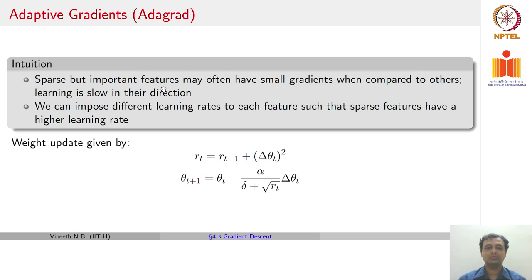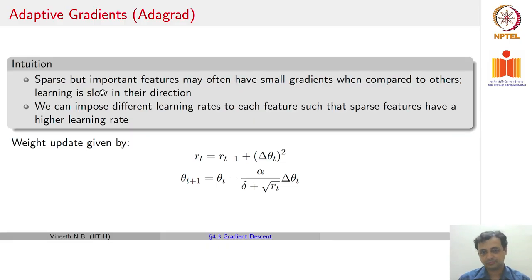So you have your entire space of weights, and a subset of weights which change only once in a while. Let's assume that there are certain weights that do not change in every mini batch in mini batch SGD, but change only once in a while. They may change by a small amount, but that amount is important because they only change once in a while. Sparse features could be important, and learning could be slow in this direction because the gradients could be small in that direction.